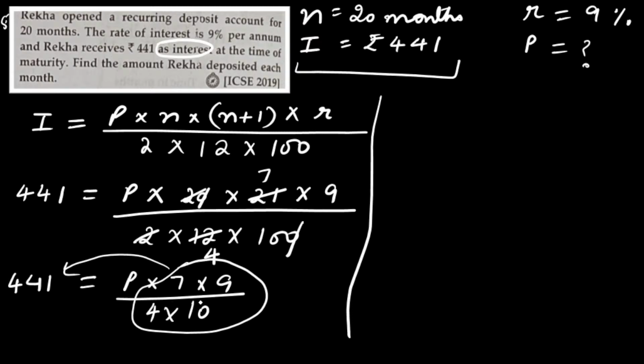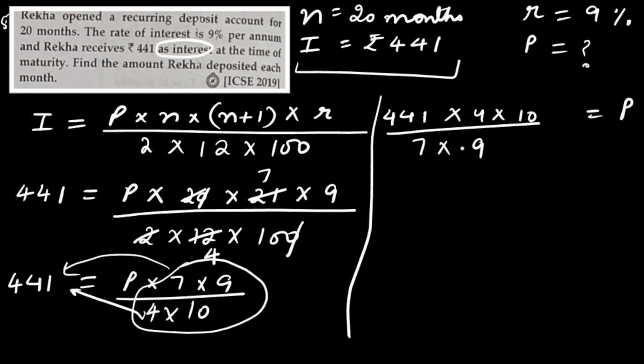When we shift 4 and 10 to the other side, they will get multiplied, because here they are getting divided. So 441 into 4 into 10. 7 and 9, when we shift to the other side, will divide 441. So let's do cancellation now, wherever it's possible.